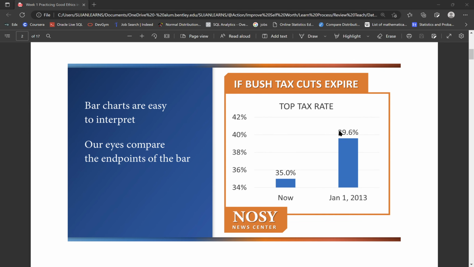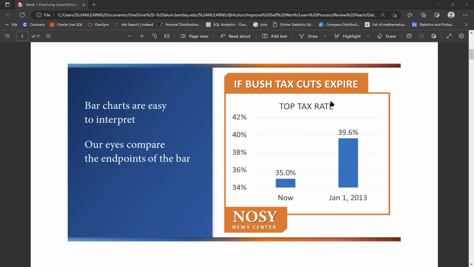This is a news broadcaster that is trying to present news to the audience. It is presenting this news by showing a bar chart, which is really easy to interpret. It is saying that the top tax rate increases on January 1st, 2013 to 39.6%, while now it is 35%.